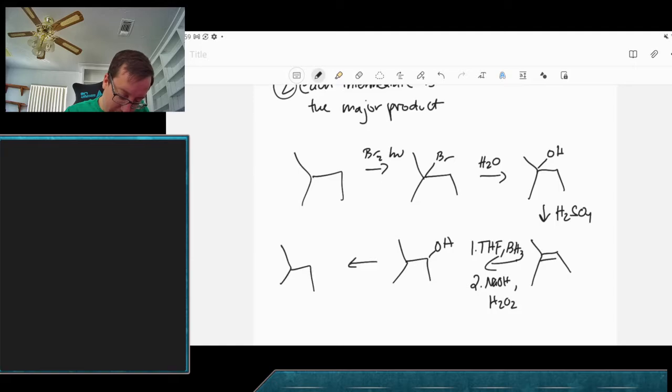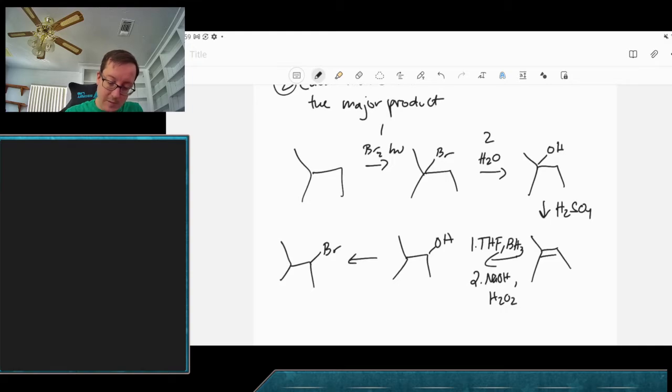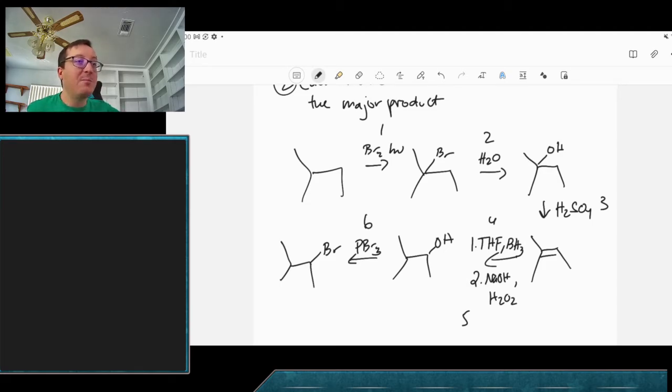Yeah, you could do something like this, but look at how many steps this is. 1, 2, 3, 4, 5, 6 steps. And so this synthesis pathway is much less efficient. I mean, it really makes no sense to do this step at all, when you can go directly from this bromide to the alkene directly, right? It makes no sense to have extra intermediates here. So you should always strive for the most efficient route possible.